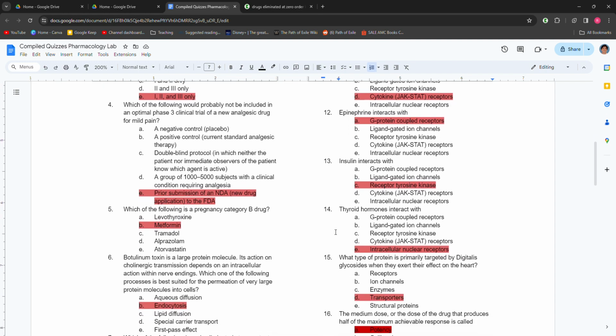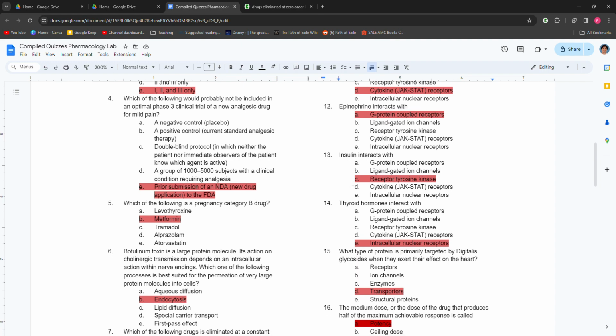Insulin interacts with RTKs, receptor tyrosine kinase. So what happens there is when insulin binds to its receptor, the tyrosine amino acid part of the receptor will be phosphorylated.